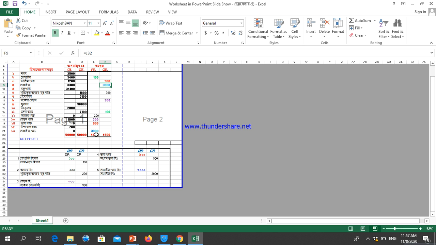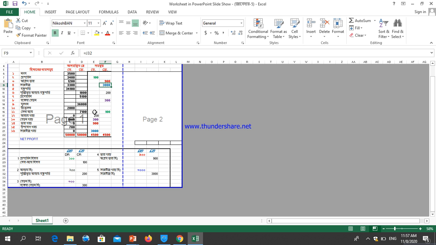That means the sum of every debit will be equal to the sum of credit. 4,500, 4,500. So every debit amount will be equal to its credit according to the rules of the dual aspect principle of accounting.